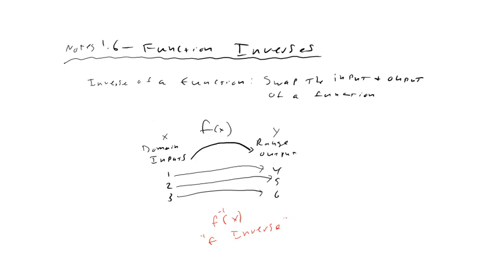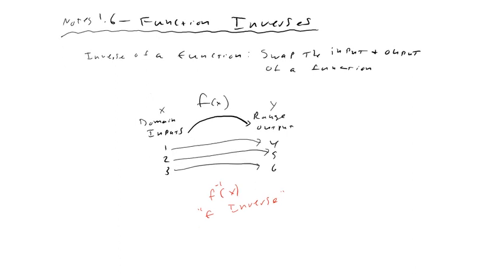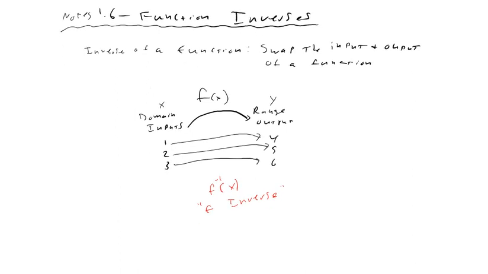This means that f is the inverse function, and it reverses all the connections. We go from the range to the domain. All the y's give us x's. So the 4 maps to a 1, the 5 maps to a 2. The outputs become the input, and the inputs become the output. They swap places.